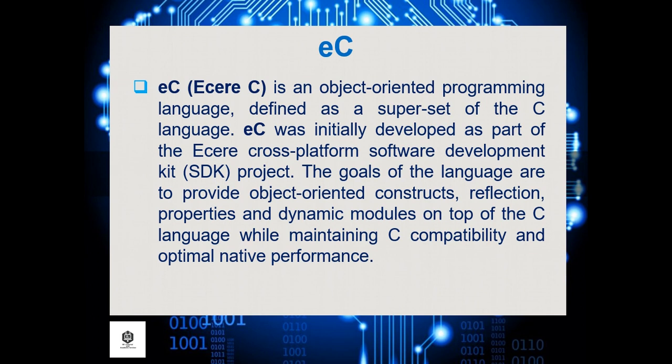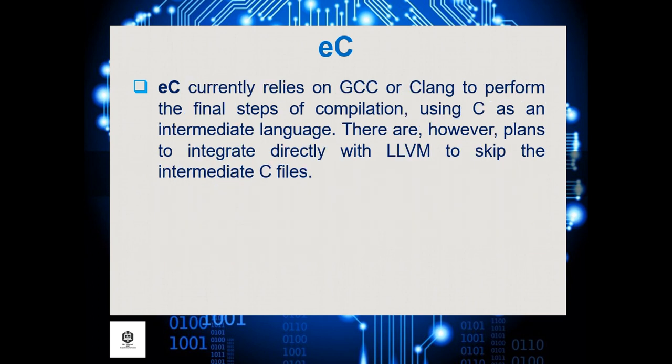The goals of the language are to provide object-oriented constructs, reflection, properties, and dynamic modules on top of the C language while maintaining C compatibility and optimal native performance. eC currently relies on GCC or Clang to perform the final steps of compilation using C as an intermediate language. There are, however, plans to integrate directly with LLVM to skip the intermediate C files.